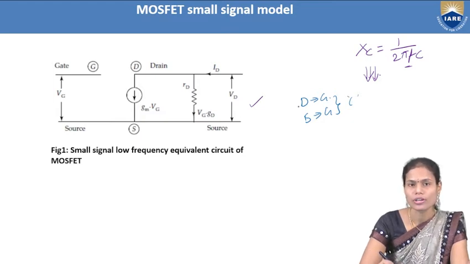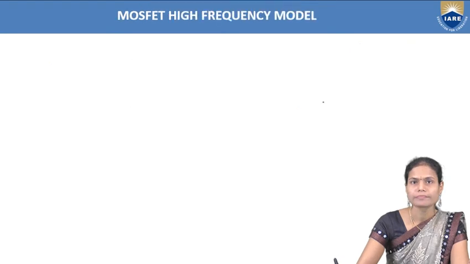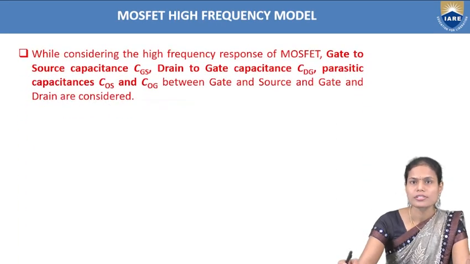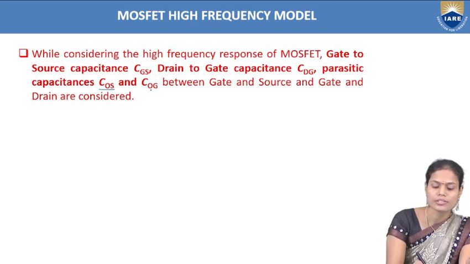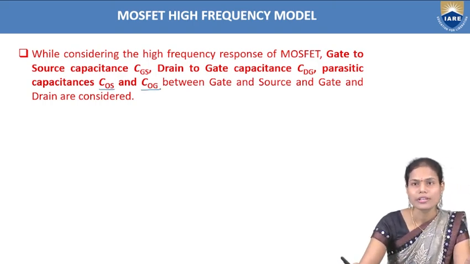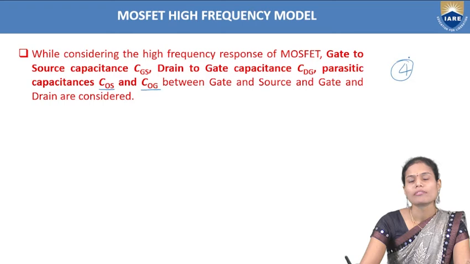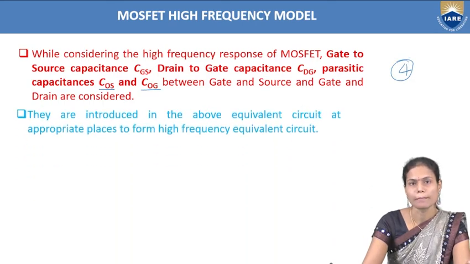In the high frequency model, we have to consider the drain to gate capacitance as well as the source to gate capacitance. Along with these, we have to consider two more capacitances, those are COS and COG, between the gate and source as well as gate and drain. So in total 4 capacitors we have to include while drawing the high frequency equivalent circuit of the MOSFET.